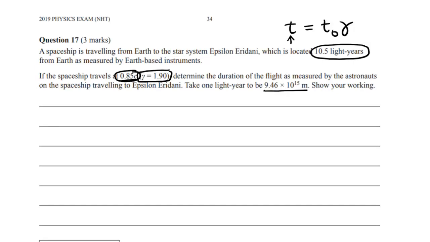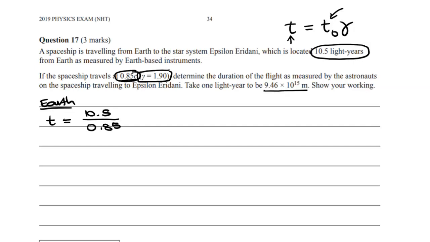That is going to be this value of t. You might like to label that as t Earth. T0 is going to be the value on the spaceship. Remember, that is a clock that is stationary with respect to the spaceship, so it's measuring the time in the spaceship. That would be the proper time in this circumstance. So to figure out for the Earth, t is going to be the distance travelled, 10.5 light years, divided by 0.85.